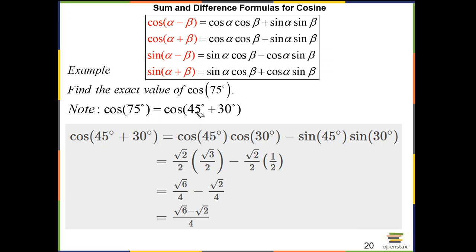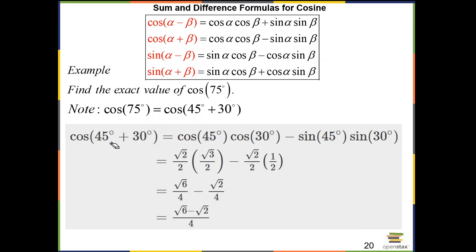So instead of finding cosine 75, can we find sine and cosine of 45 and 30 that we already know? Yes, we use the formula. So we write it as 45 plus 30, and we use this cosine of alpha plus beta formula. And then we put the values there, do the operations, and we get the answer.